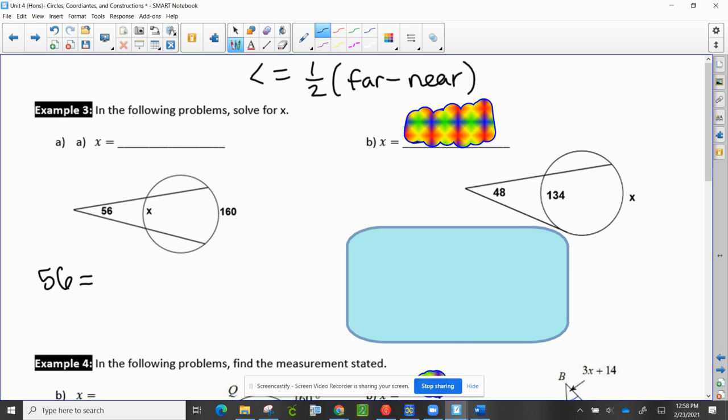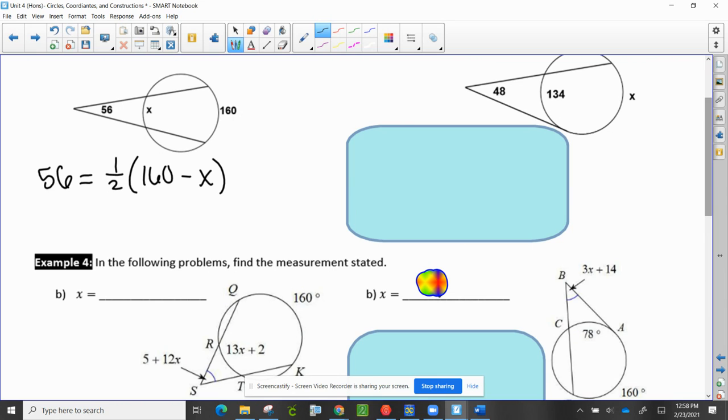Okay, and then our far arc would be, we have 160 minus our near arc, which is X. So you have to do a little problem solving here. Now, 2 ways to do it. You could distribute that 1/2 if you want, but I'm just going to multiply it out on both sides to get rid of it. So 2 times 56 would be 112 is equal to 160 minus X.